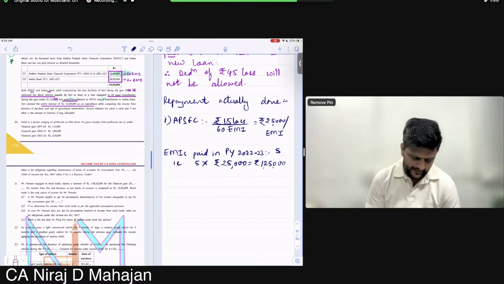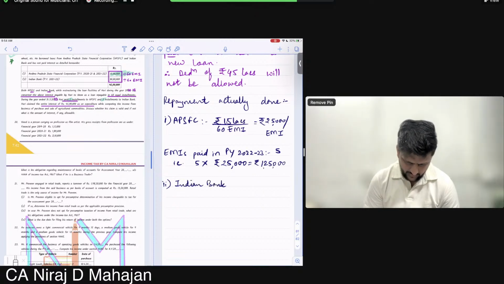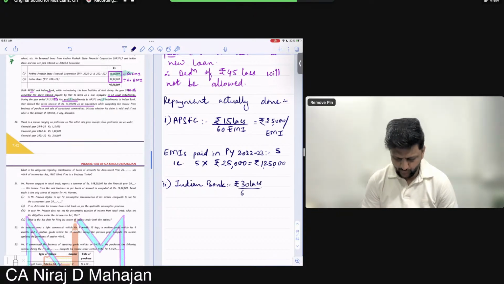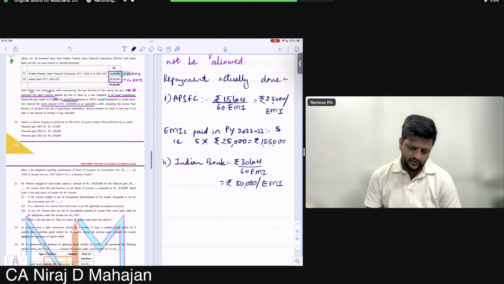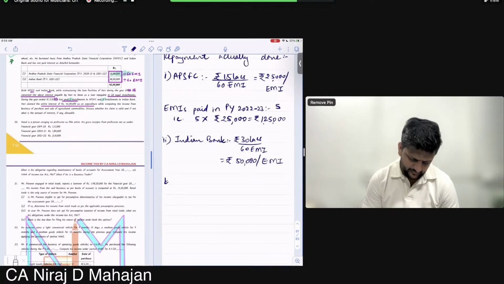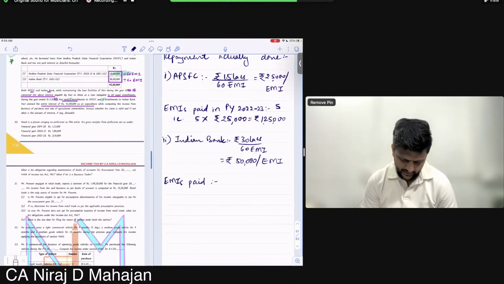Clear? And second, Indian Bank. 30 lakhs upon 60 EMIs. This will be double per EMI, rupees 50,000. EMIs paid in the current year: how many? 3.